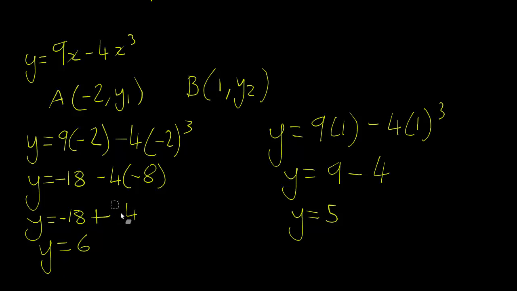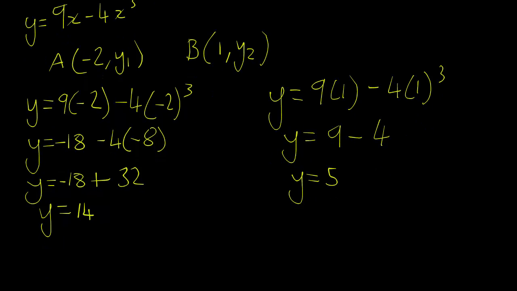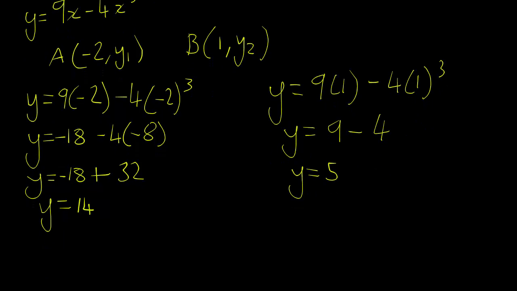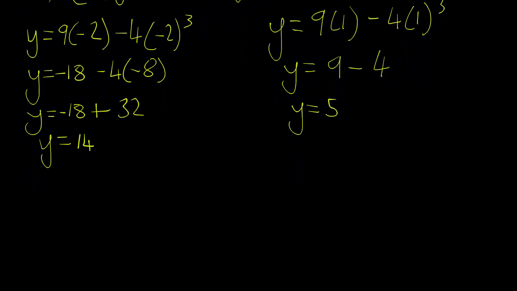Minus 4 times minus 8 is not 24, it's 32. Oh dear. So minus 18 plus 32. There we go, got there in the end. So that will give us 14. I believe that's 14, so yeah, 14. Okay, that looks a bit better. There we go. So we can now use all of that to find our distance between the 2 points.